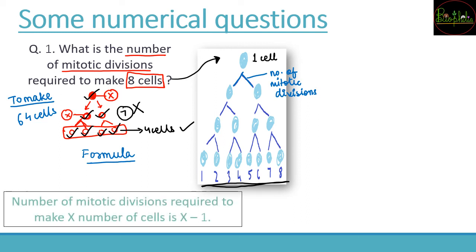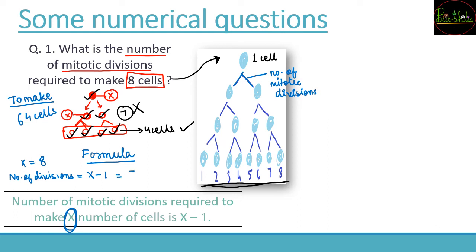So formula होगा ऐसे कि number of mitotic divisions that are required to make x number of cells. So x यहाँ पे क्या है? X over here is going to be the number of cells that you need to form, that is 8. And how many mitotic divisions do you need to form? So number of divisions is going to be equal to x minus 1.